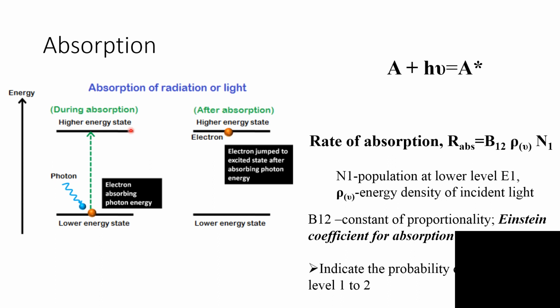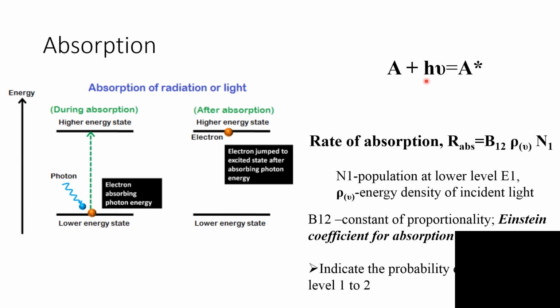Mathematically, this was the physics explanation for the absorption. We can explain all these phenomena with the help of math by this simple equation. So what does it show? This A shows some energy level, either the electron, and then hν, the energy of the photon, is absorbed.